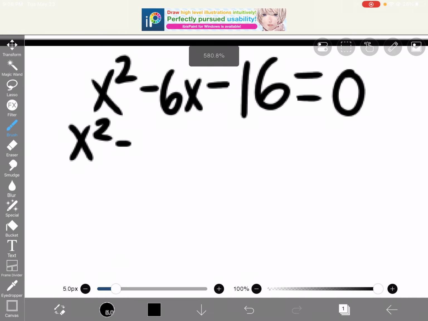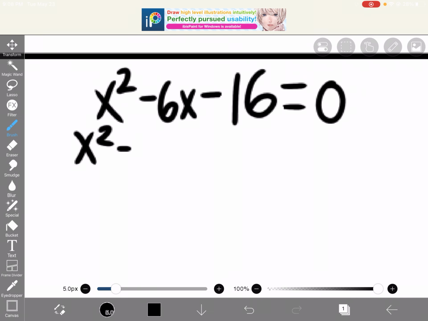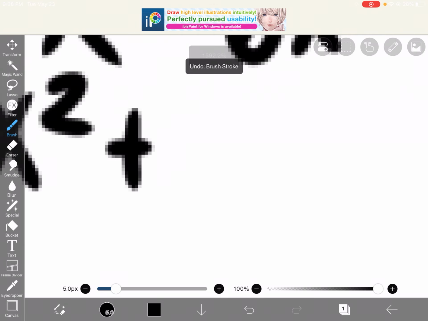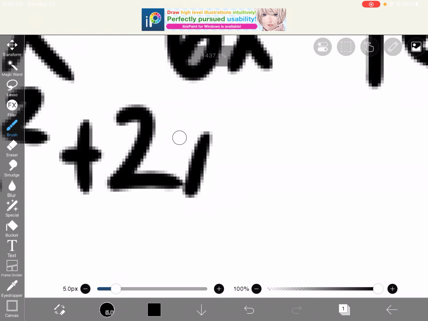So positive 2 and negative 8 would work. So it would be plus 2x.